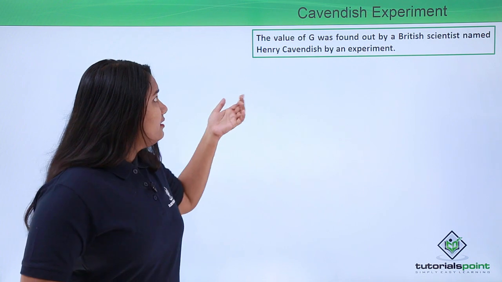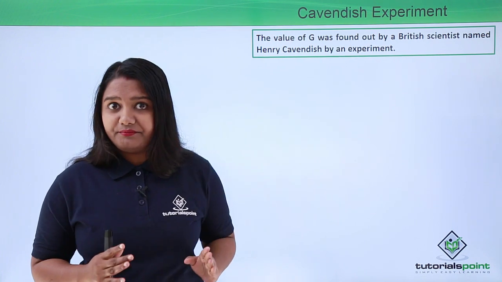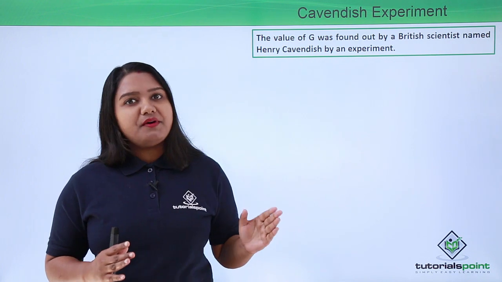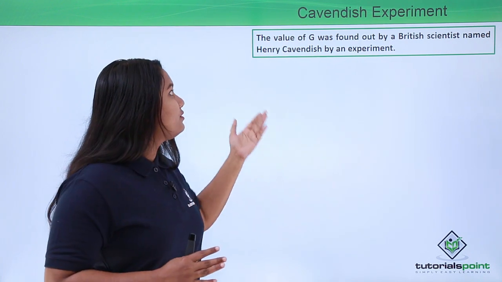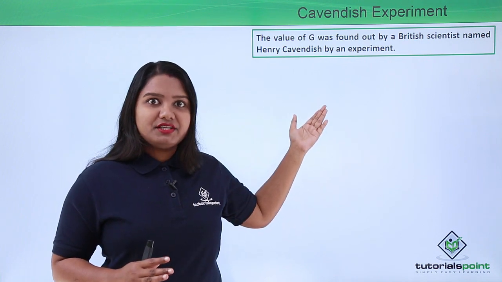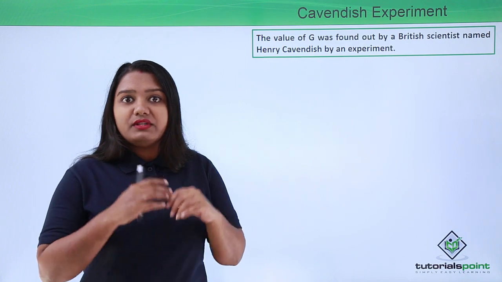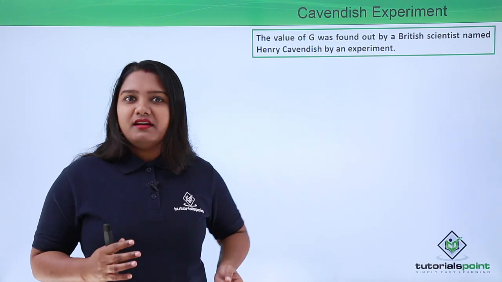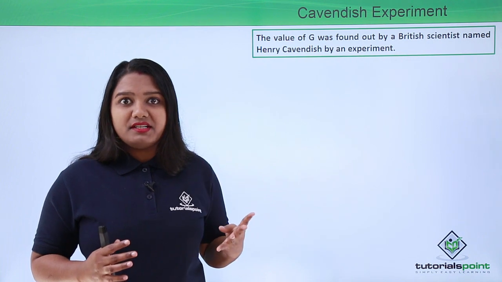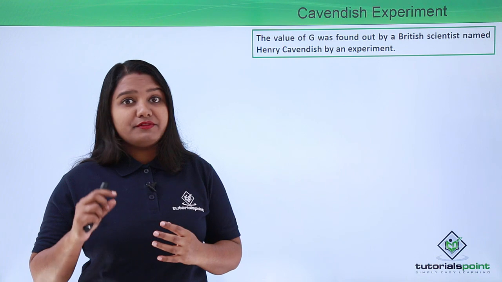Now the value of G was not found out by Newton, but it was found out at a later time by a British scientist whose name was Henry Cavendish, when he performed his own experiment. Now the experiment that Henry Cavendish performed had 4 balls in total. 2 were of bigger size and the other 2 were of smaller size.